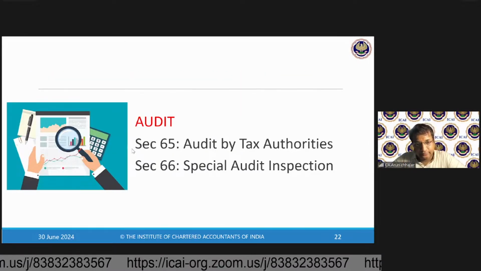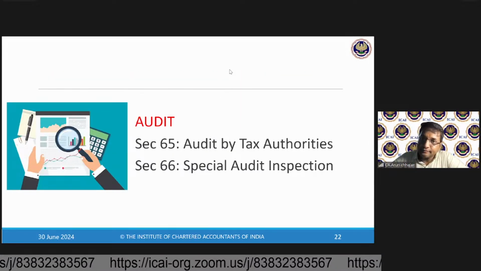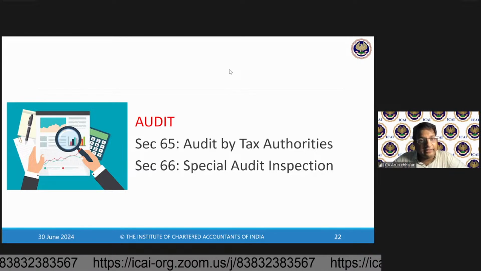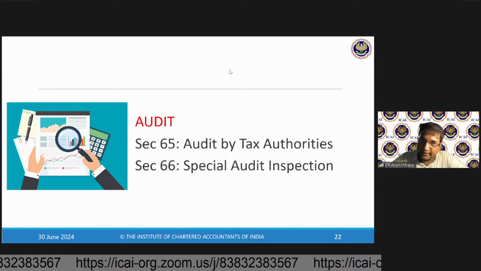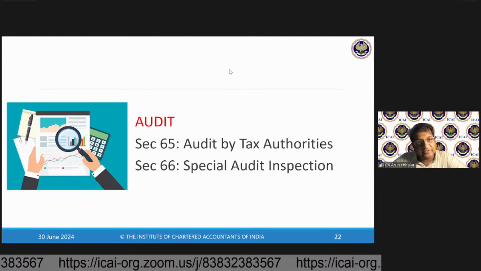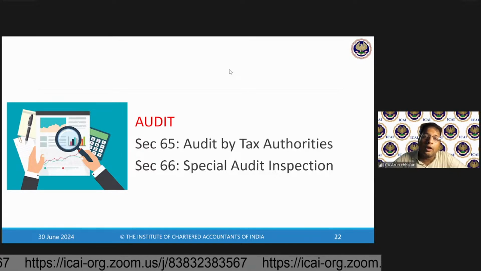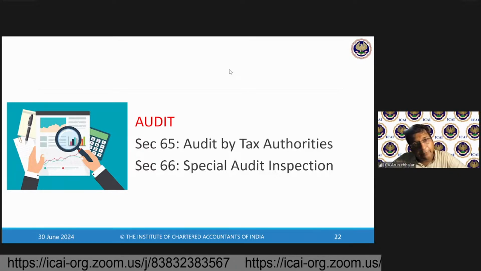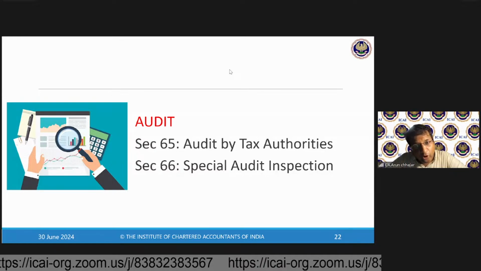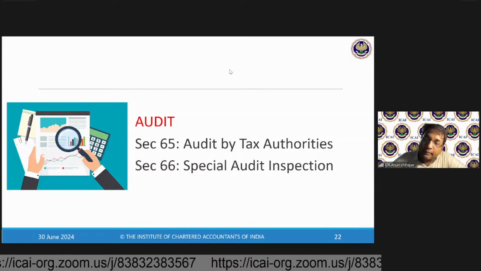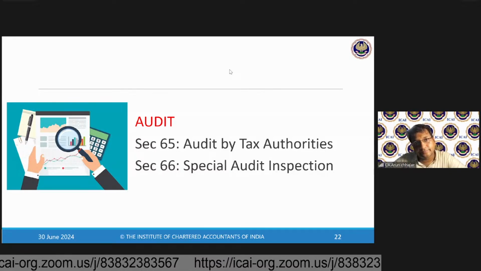Now, the audit. In the GST, earlier there were 3 types of audit. One was audit by a chartered accountant, section 35, subsection 5, that has been withdrawn. Now there are 2 audits. Both audits are by the department only. The 65 audit is done by the department by their officers only.